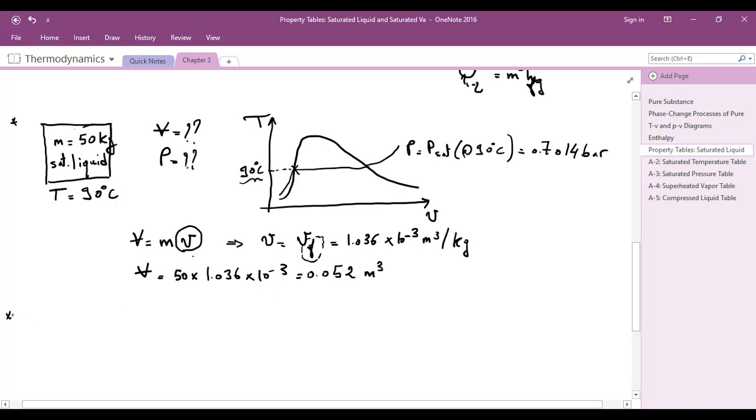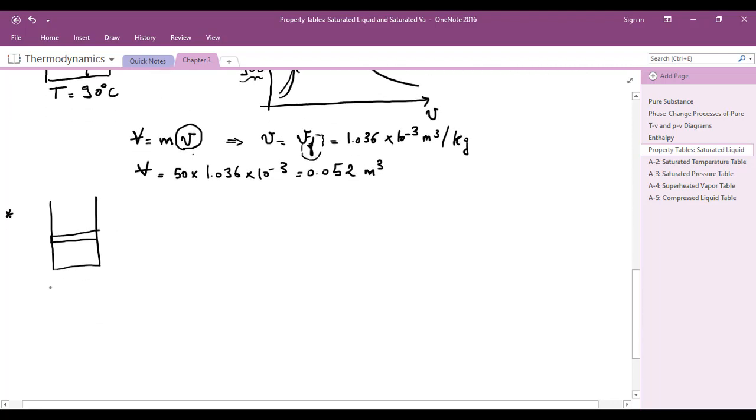Another example, so let's take water inside a piston cylinder. Initially this water is a saturated liquid and has a pressure of 100 kilopascal, which is equal to 1 bar, and it has a mass of 200 grams.